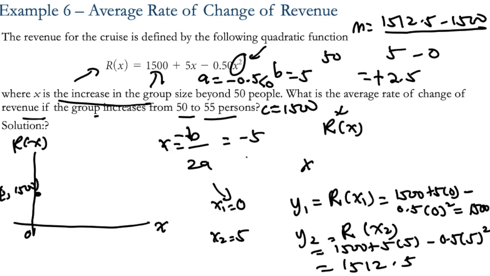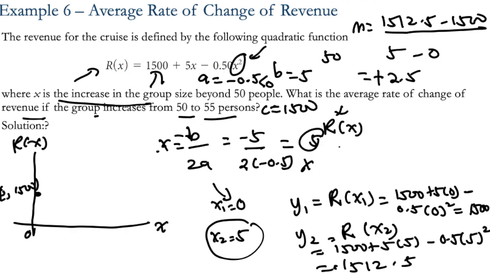Minus 5. 2a is what? 2 times minus 0.5, which is equivalent to negative 1... so the x is positive 5, and when x is positive 5, you actually have it here. You already found the y itself. Okay, the y is this one. So here, the y is positive. Do you get what I'm talking about?